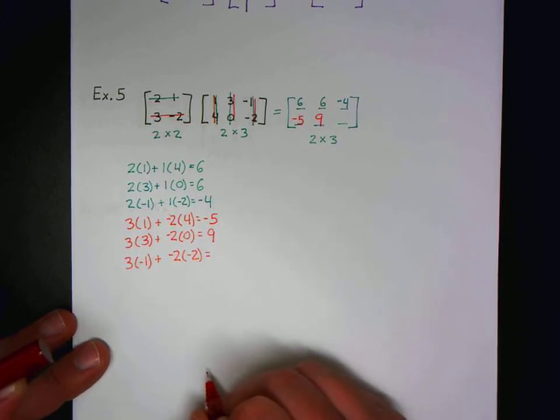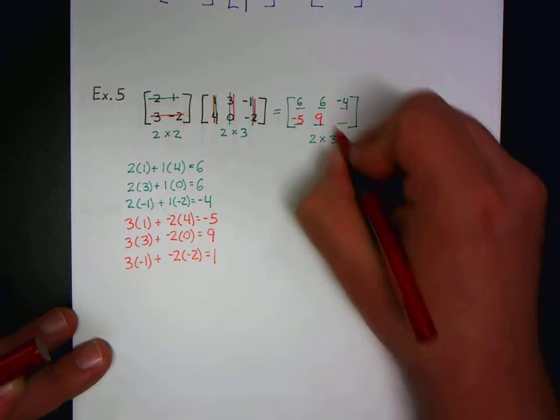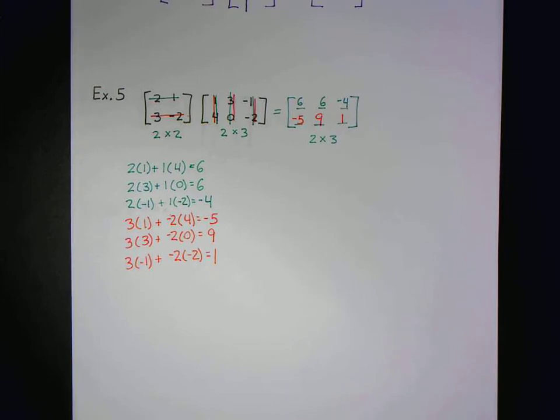So that's negative 3 plus 4, so that's 1. So even if I didn't know what size my matrix was going to be beforehand, it ends up being that size automatically. So that's how matrix multiplication works.